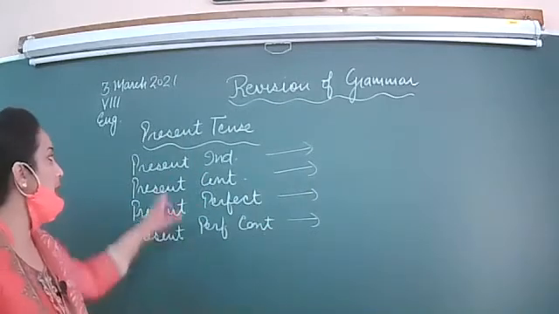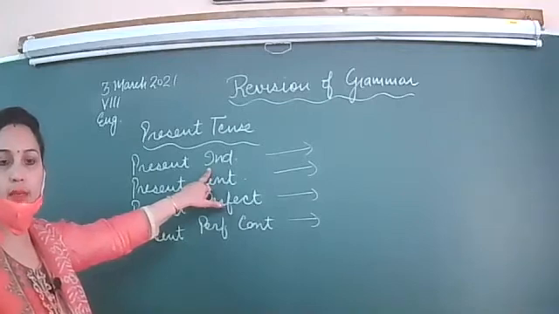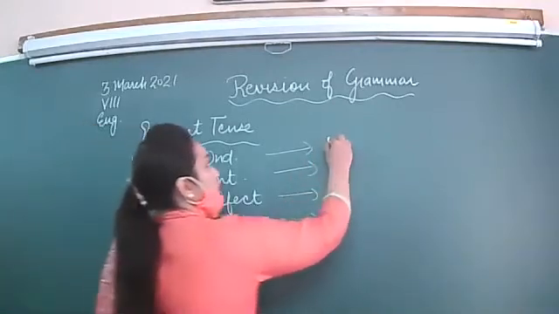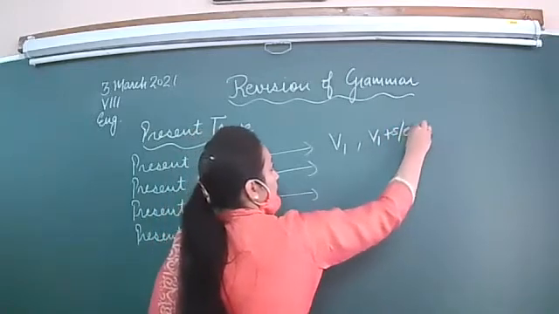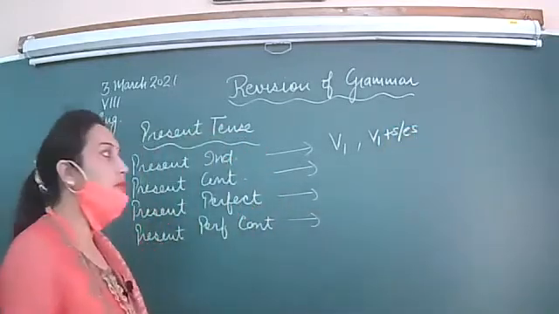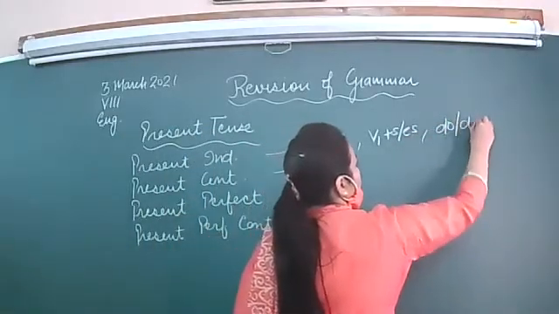Another name for present indefinite tense is simple present tense, in which we use verb first form or verb first form plus s or es. When it is negative, then do not or does not.